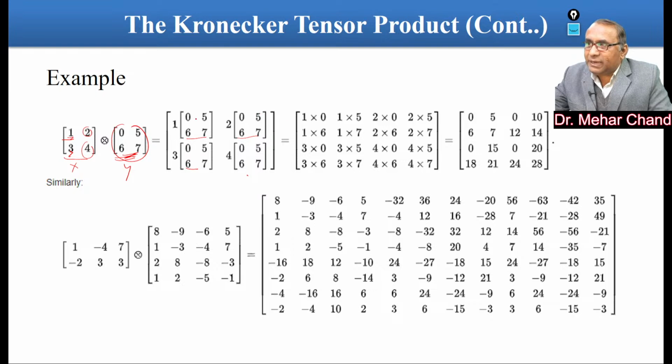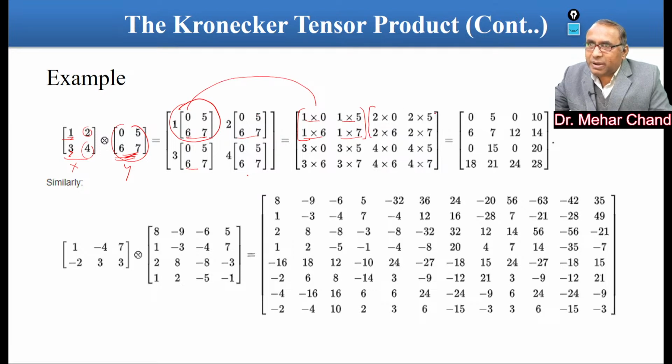Then we expand: 1 into 0, 1 into 5, 1 into 6, 1 into 7. So this part gives these possible products.